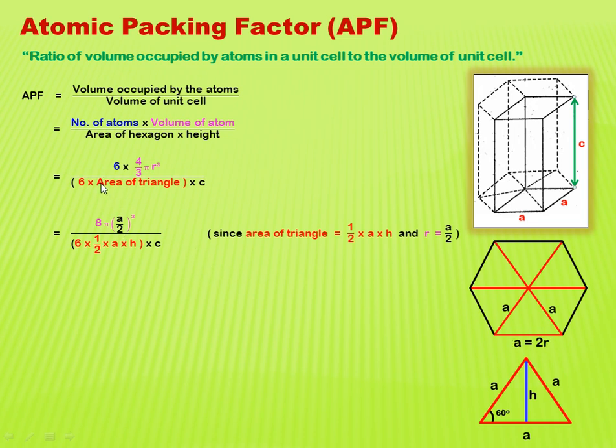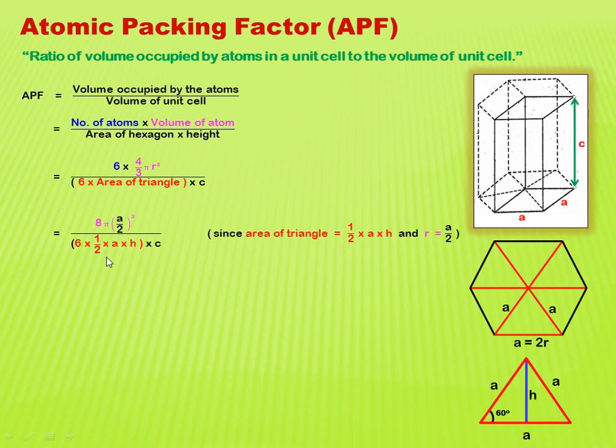Similarly, the area of a triangle is calculated by 1 by 2 base multiplied by height. Like if this triangle is taken here, this is the height of the triangle, this is its base. And since it is equilateral triangle, it is making 60-degree angle. So area of triangle is 1 over 2 base into height.